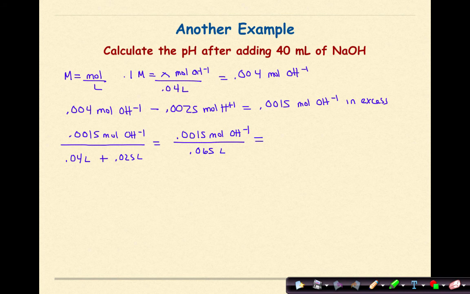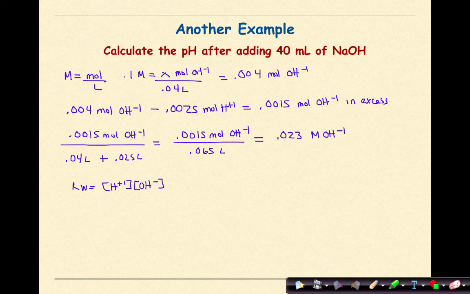Divide 0.0015 moles of hydroxide ions by that total volume and find our new molarity, which is 0.023 molar hydroxide ions.